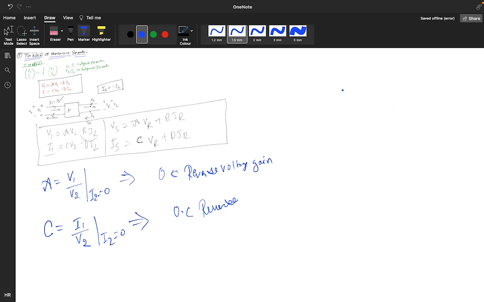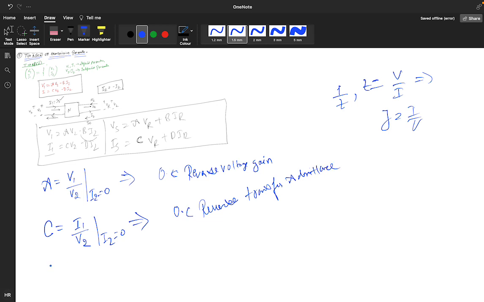In the previous class I told you 1 by Z is nothing but admittance, and Z is impedance, Z is equal to V by I. For admittance it will be I by V. So it is open circuit reverse transfer admittance.